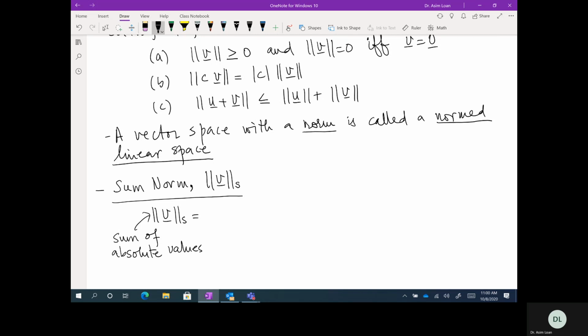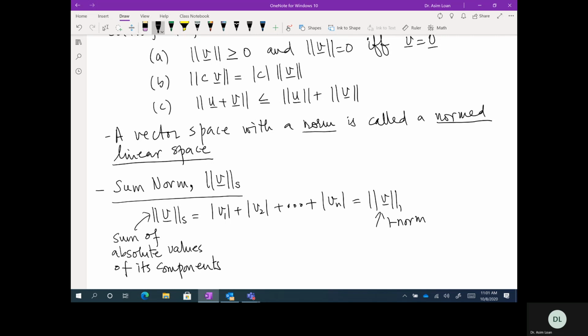Absolute values are used because the components may be complex. So it is the absolute value of the first component, the second component, and the nth component. This is also known as the one norm.